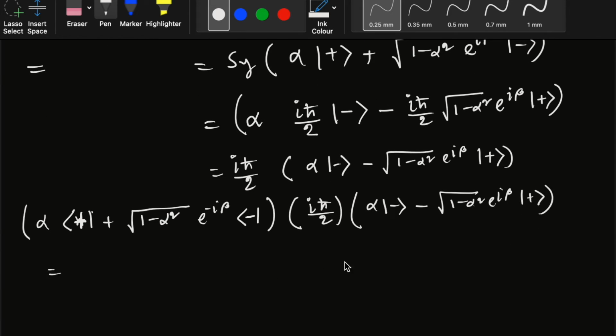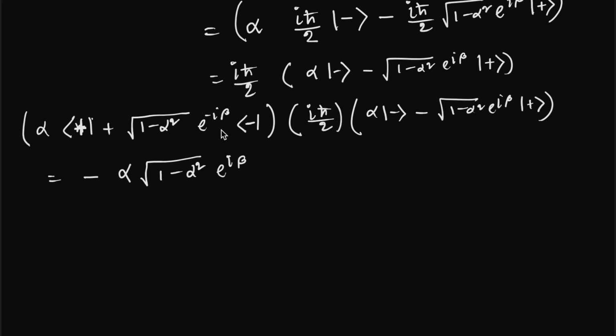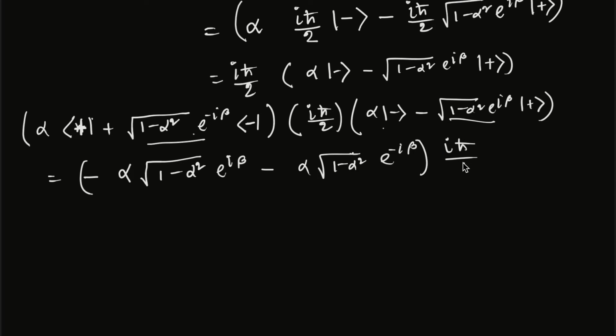So its value will be, this operator on this will give 1, that means minus alpha root over 1 minus alpha square e to the power i beta plus, and this operator on this will give 0, this operator on this will give 1, that means minus alpha root over 1 minus alpha square e to the power minus i beta, and there is i h cut by.